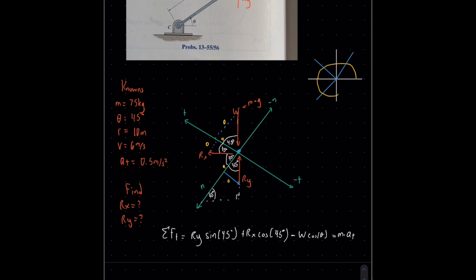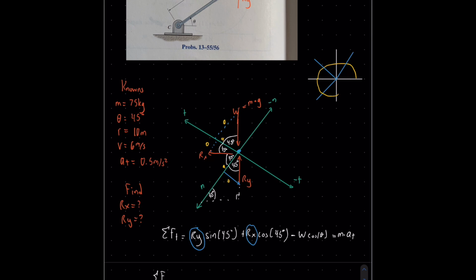Okay, now we are trying to solve for the reaction in the y and the reaction in the x, but here we have two unknowns and one equation, so we need another equation to solve for these reactions, and we do that by summing the forces in the y direction. I mean in the normal direction.